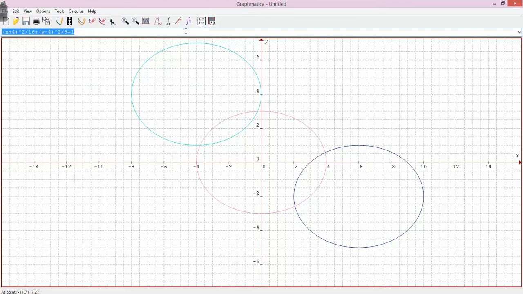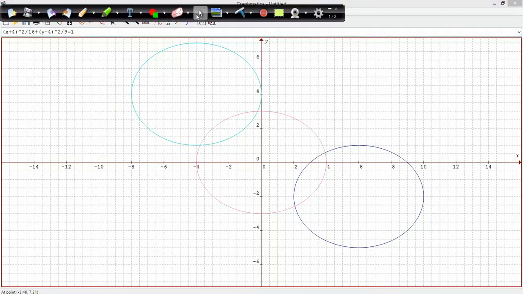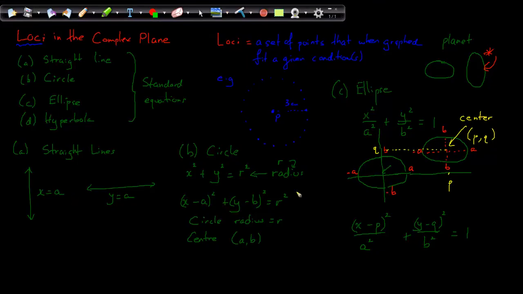So that's basically our summary of the 3 different ones we've looked at so far: the straight line, the circle, and our ellipse here, and the standard sorts of equations which you need to memorize. You need to know what the equation of a circle, either at the origin or at a center, looks like, and also for an ellipse.